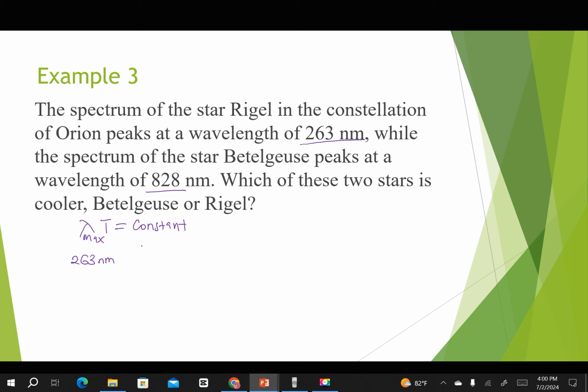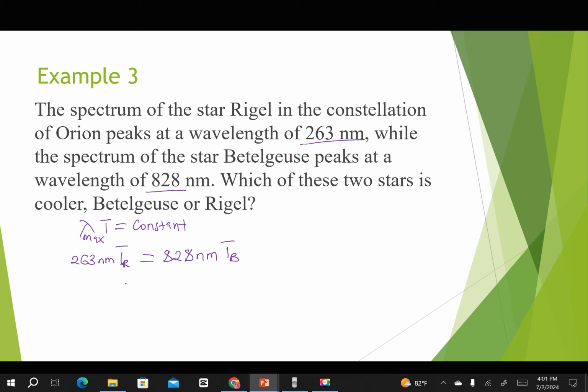Times the temperature of Rigel, I will call it TR, should be equal to the wavelength of Betelgeuse, which is 828 nanometers, times the temperature of Betelgeuse, which I'm going to call TB. So I want to find out which one is bigger. I'm going to just make it a fraction.